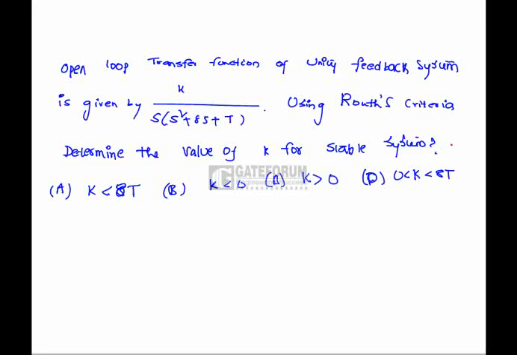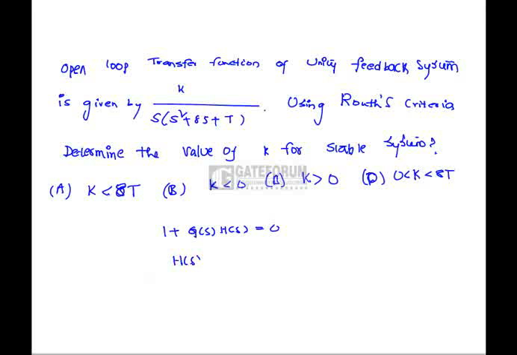The open loop transfer function of a unity feedback system is given by k divided by s into s square plus 8s plus t. Using Routh's criteria, determine the value of k for the stable system. In order to determine the range of k for the stable system, first of all we have to form the characteristic equation, that is 1 plus G(s)H(s) is the characteristic equation.